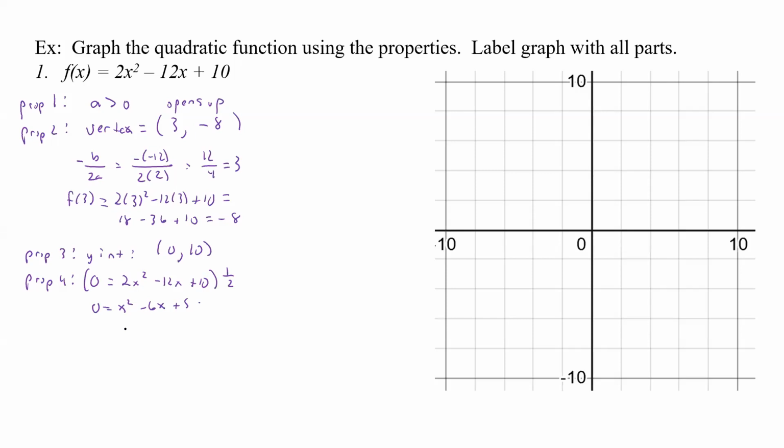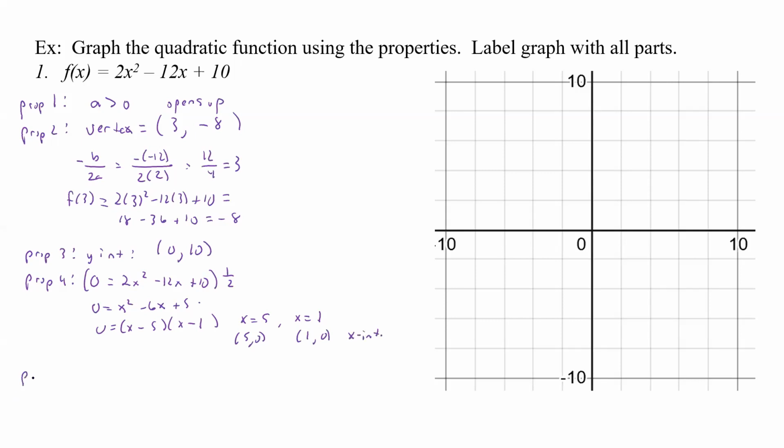And now I can factor that. That looks like it's going to be x minus 5, x minus 1, and so here x is equal to 5 and x equals 1, setting each of those equal to 0 and solving. And so 5 comma 0 and 1 comma 0, those are my x-intercepts.